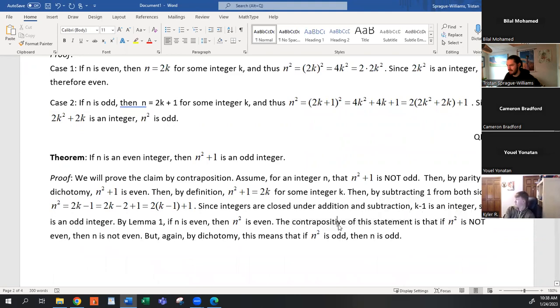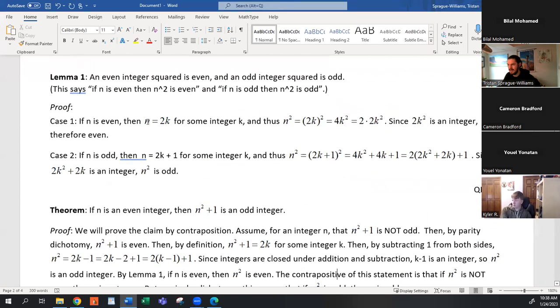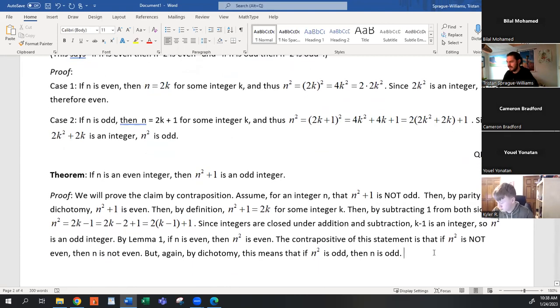I had to do this contrapositive idea here in order to get the backwards direction. What I'm saying is that I had my arrow pointing in the wrong direction in the thing that I proved. I wanted to go from n squared back to n, and that required flipping the arrow around, right? But contrapositive does that, doesn't it? It flips the arrow in the other direction, so that worked out.